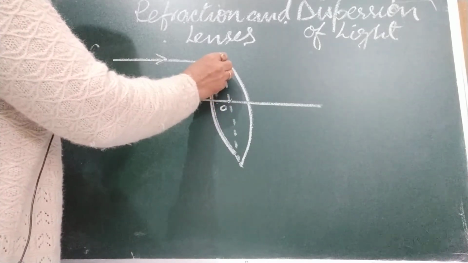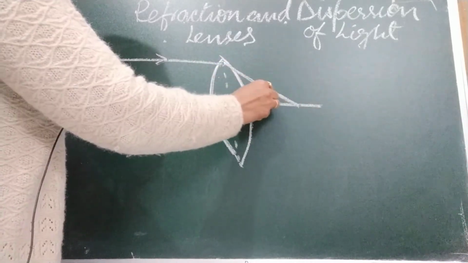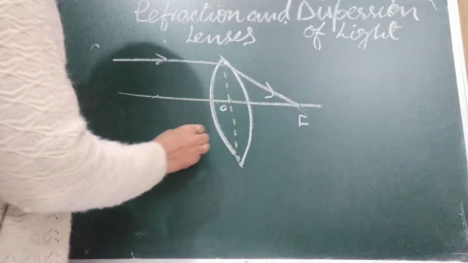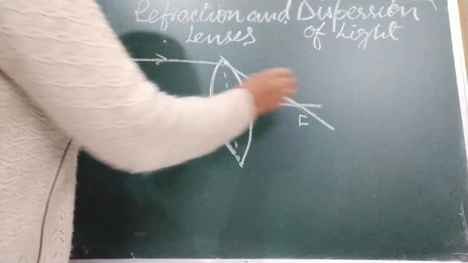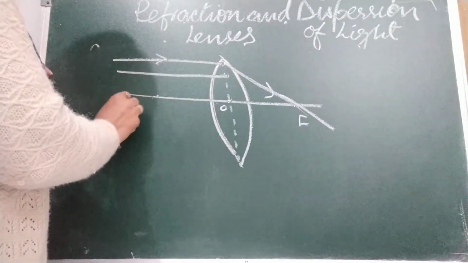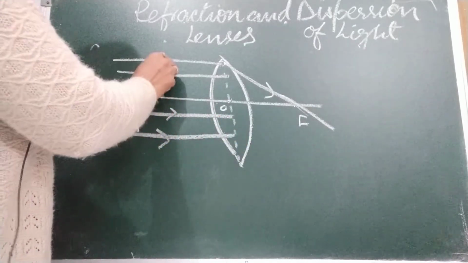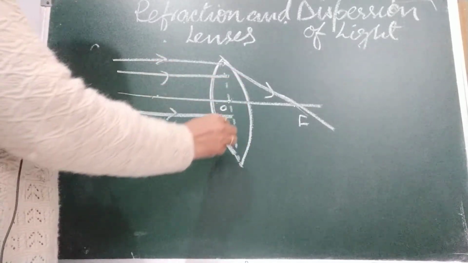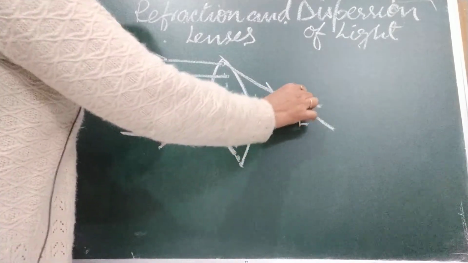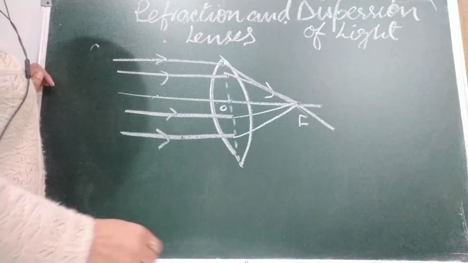After passing through this denser medium, it will bend and pass through the focus. So in this lens, all rays coming parallel to the principal axis, after passing through this convex lens, bend towards the focus. That is why we call it a converging lens.